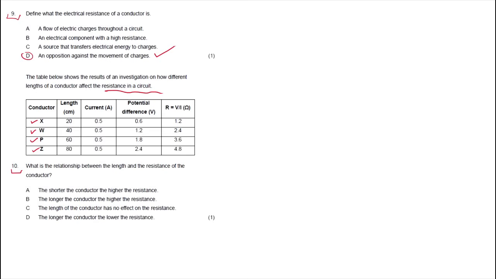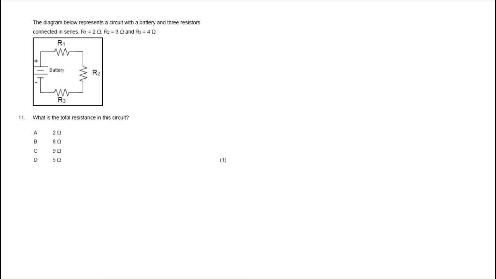Here we can see that more length means more internal opposition. So our answer will be B, which says that the longer the conductor, the higher the resistance.